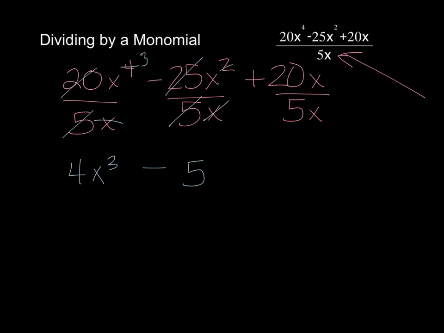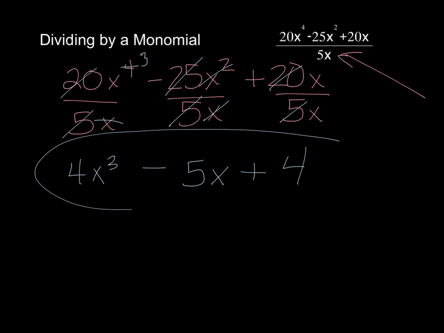X squared divided by x will leave me x. And then we move on to the next fraction, and we notice that 5 goes into 20 4 times, and both of the x's cancel. So this is the result of dividing 20x to the fourth minus 25x squared plus 20x divided by 5x.